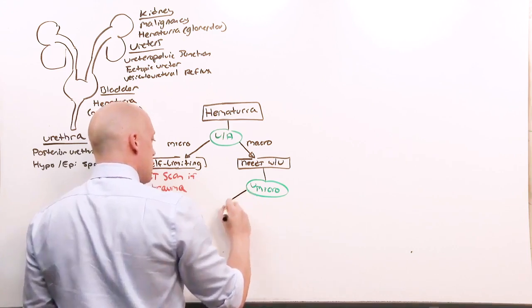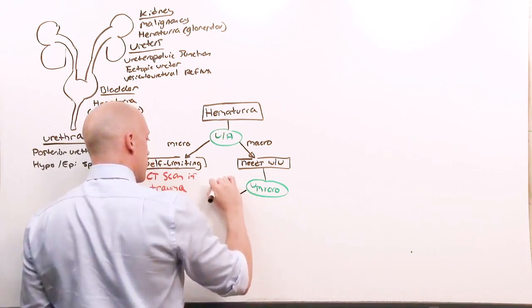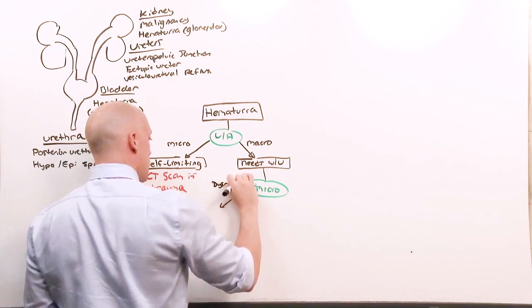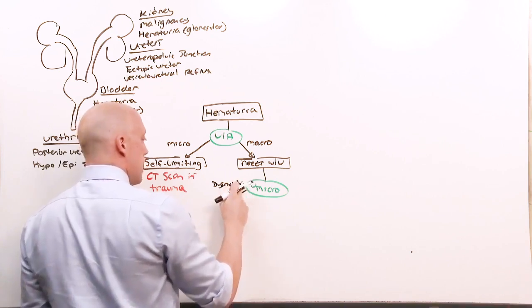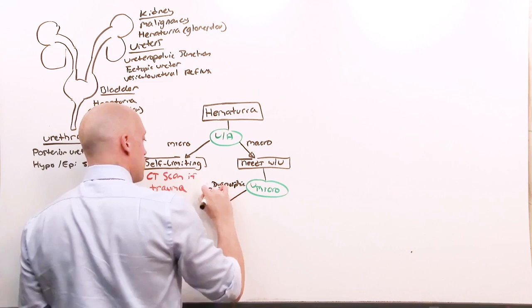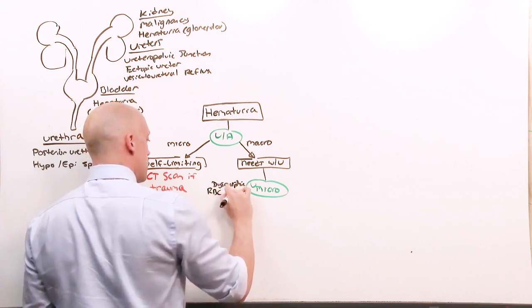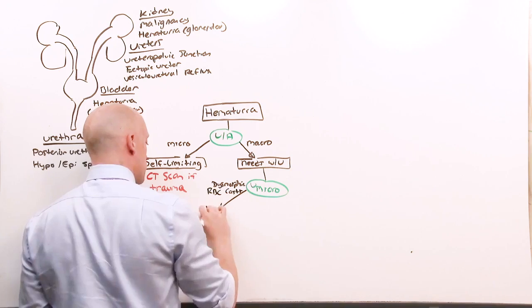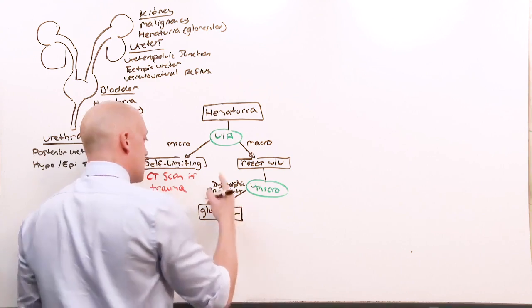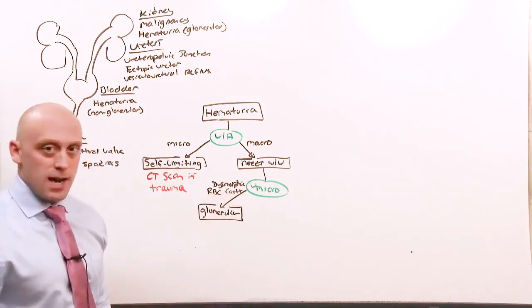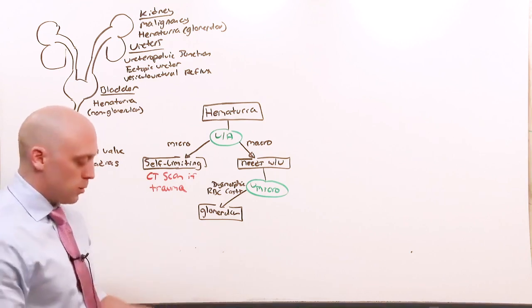If you have dysmorphic cells, that is red blood cells that have been squeezed through a net or a mesh, or red blood cell casts, you're looking at glomerular disease. Dysmorphic red blood cells and red blood cell casts are indicative of glomerular disease.